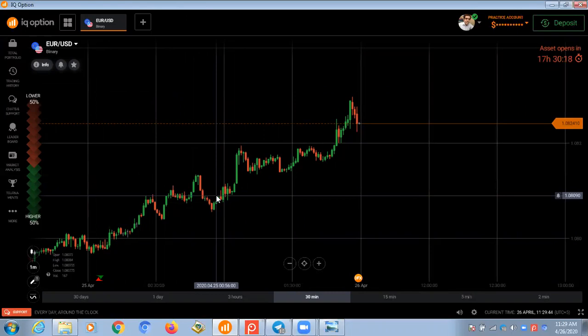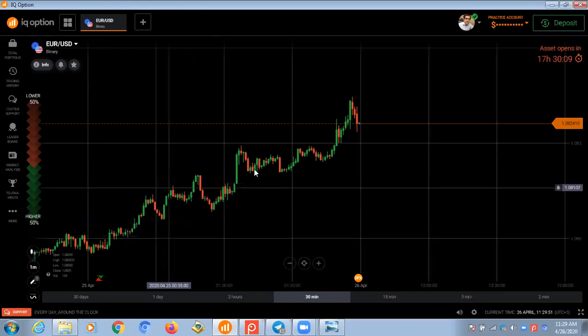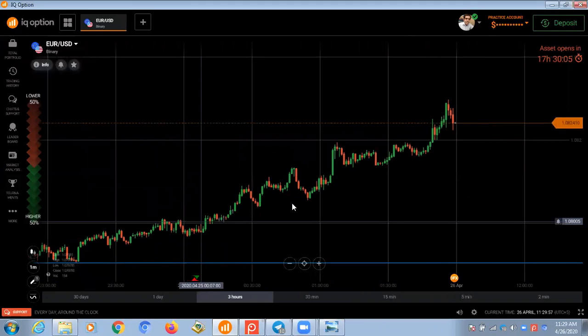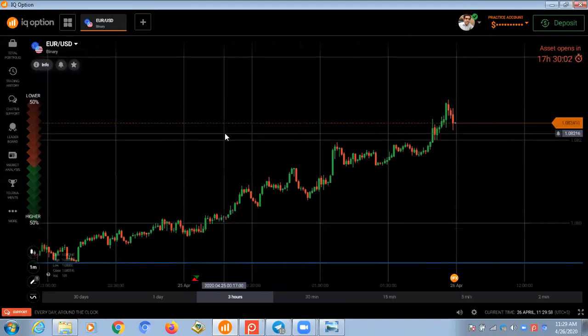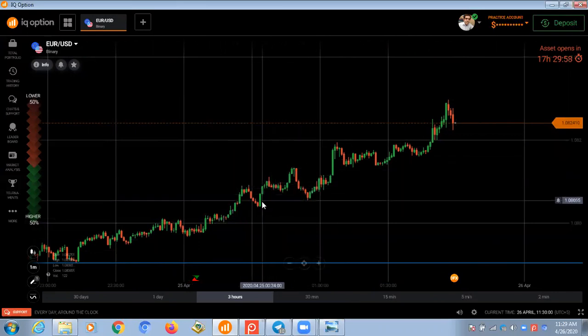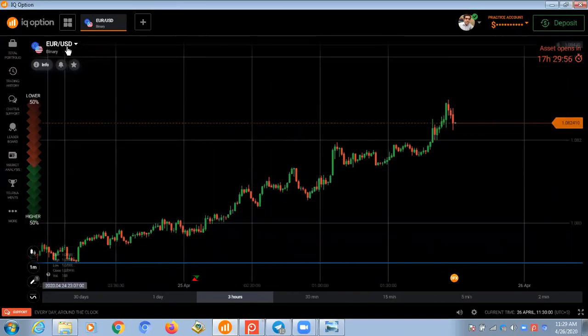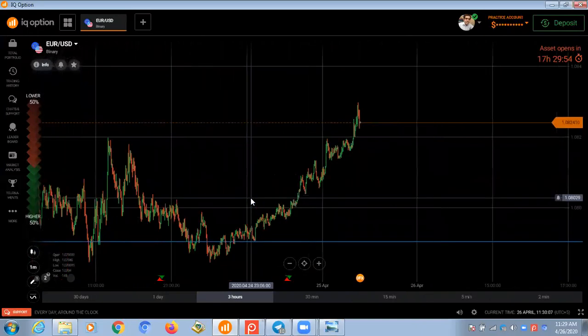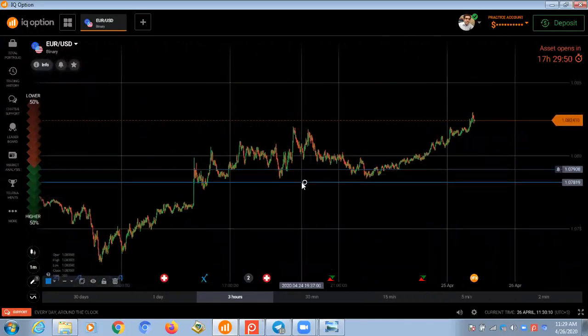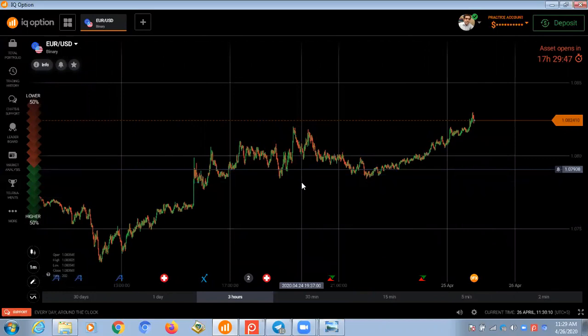So I always trade only EUR/USD, because when we use the concepts and the rules, all the concepts are met in EUR/USD, because this pair is the most traded in the world. This is the pillar of forex and binary options. That's why, while teaching, I always use this EUR/USD pair, because this pair is very stable.